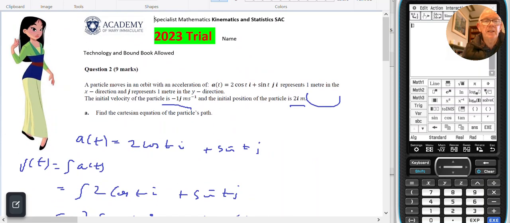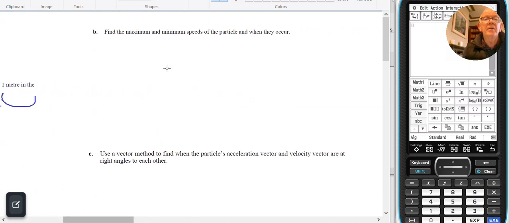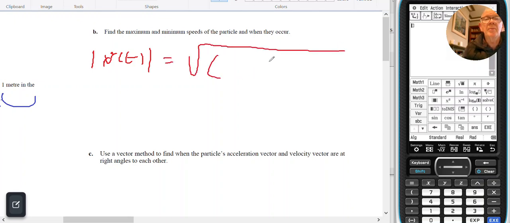In part B, we need to find the maximum and minimum speeds. So we're looking for the magnitude of the velocity, which is the square root of the i component of the velocity squared plus the j component squared.